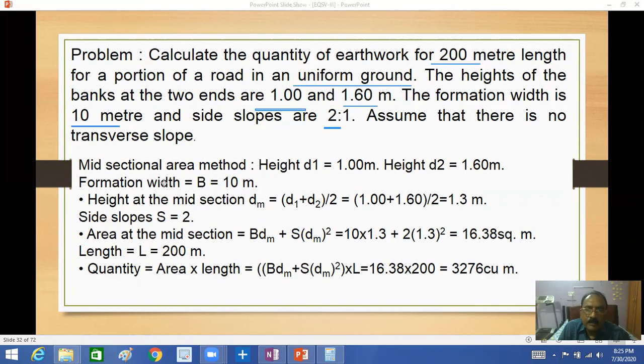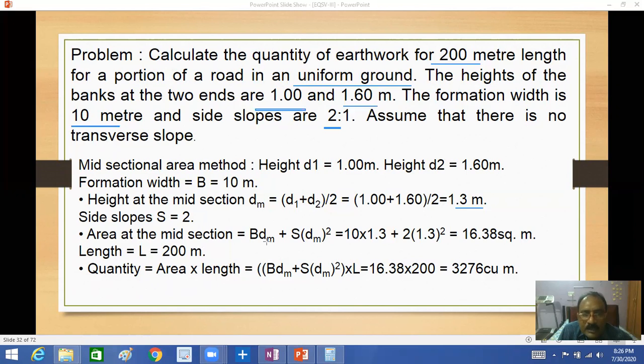So, in the mid-sectional area method, D1 is 1 and D2 is 1.6, as discussed, and the formation width B is 10 meters. The height of the mid section DM equals D1 plus D2 by 2, where D1 is the first sectional depth and D2 is the end sectional depth. That is 1 plus 1.6 by 2, which is 1.3 meters.